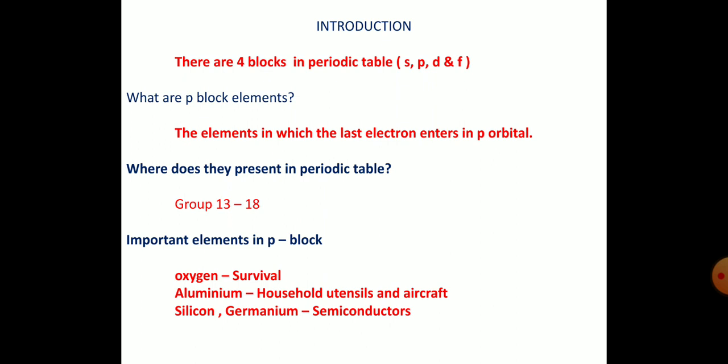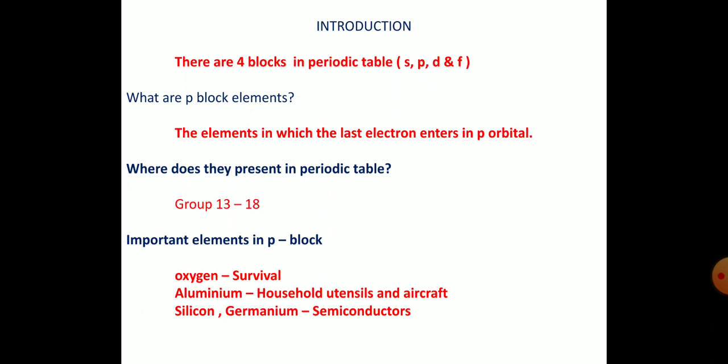The elements in which the last electron enters. The last electron means the valence electron, the electron present in the valence shell. So the elements in which the last electron enters the p orbital will be called P block elements. What are P block elements? The elements in which the last electron enters the p orbital are called P block elements.